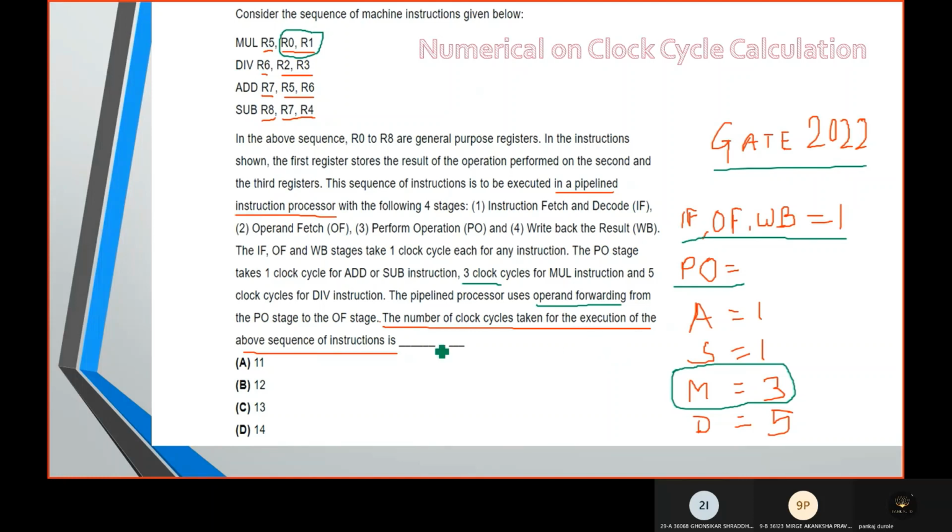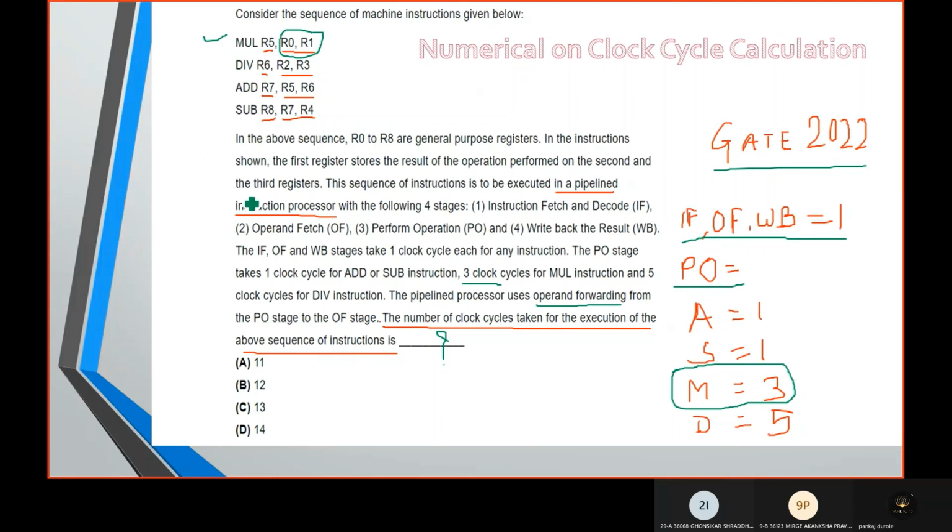The question is: the number of clock cycles taken for the execution of the above sequence is? So we need to calculate the number of clock cycles required to execute all those instructions.